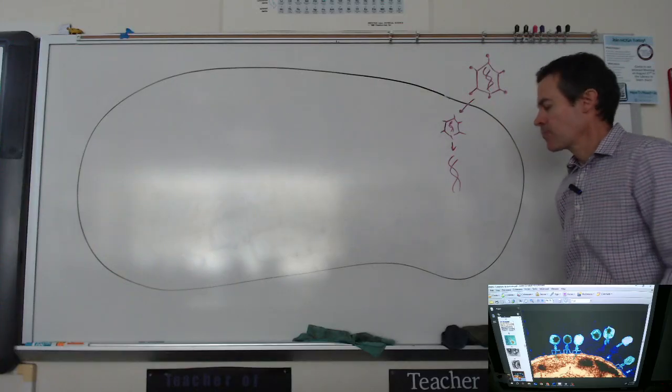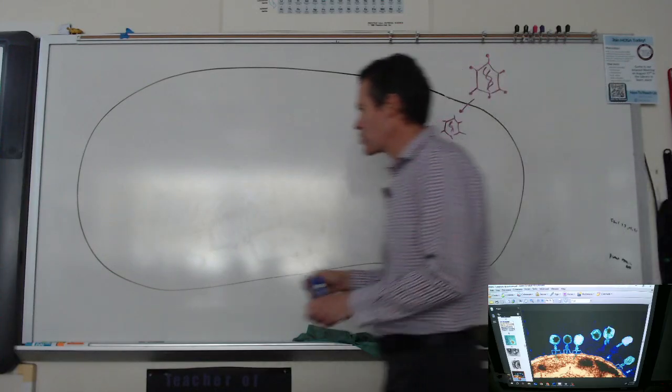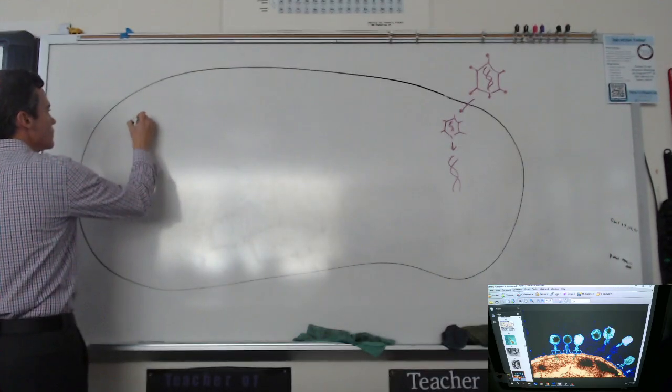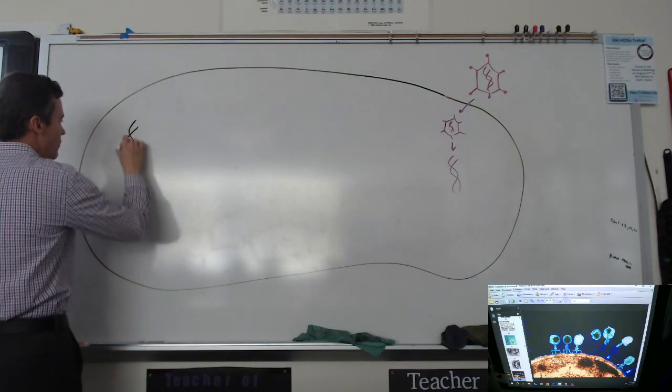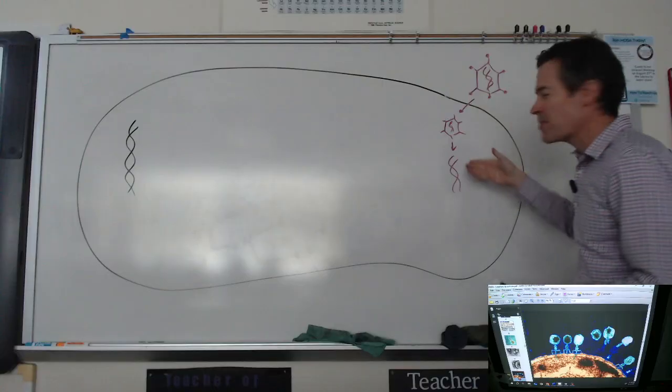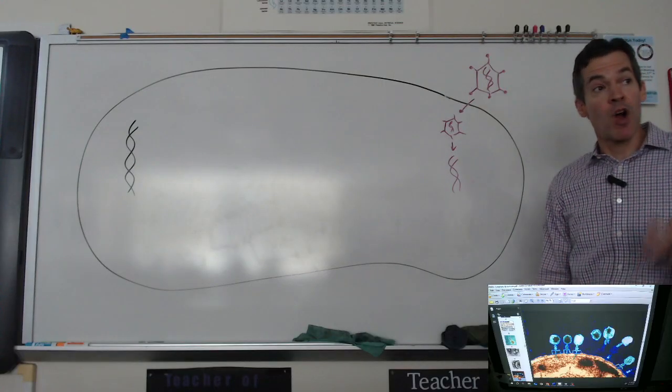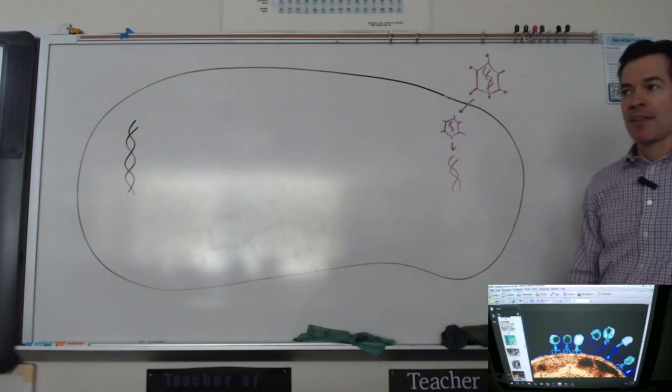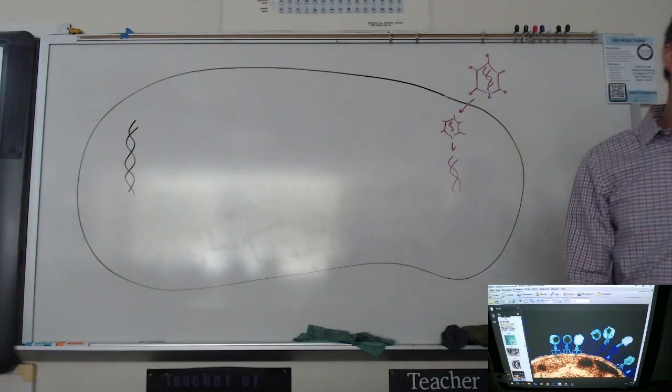All right. I've also got DNA. So here's my DNA, my cell's DNA over here. So it unwraps its DNA. Cells are really good at reading DNA, and they just do whatever the DNA tells them to do.